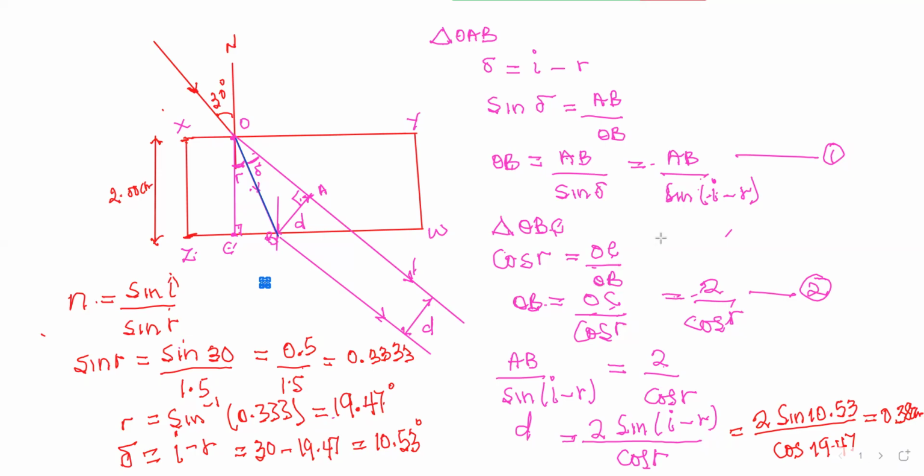We can use either equation 1 or 2 to do that. So OB would therefore be equal to AB, which has been calculated, 0.388 divided by sine of the angle of refraction, which is 10.53.